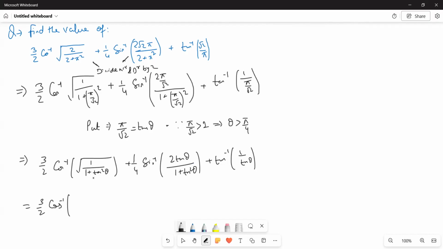1 plus tan square becomes sec square, 1 by sec square is cos square, root of cos square will give cos theta, plus 1 by 4 sin inverse of 2 tan theta by 1 plus tan square theta is sin 2 theta, and plus tan inverse of 1 by tan theta is tan inverse of cot theta.